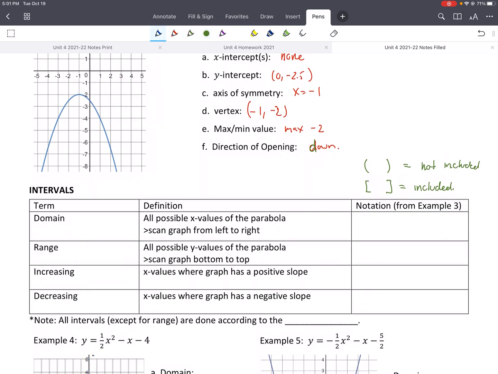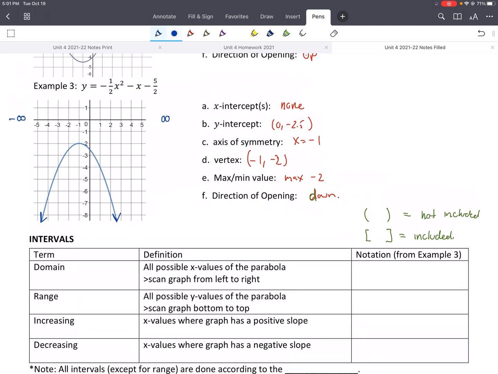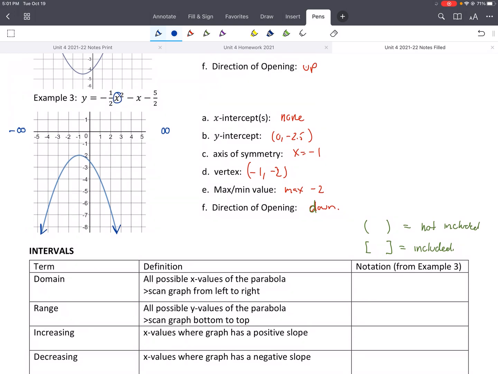All right, so domain is all possible x values. So if we look at this, and again, these always have arrows. I got those erased on accident. So all possible x values. So we know these arrows keep going forever. The parabola never ends. So for x values, for the domain, it starts all the way at negative infinity and goes all the way to infinity. Okay? You could plug in any x value and you would get a y value.